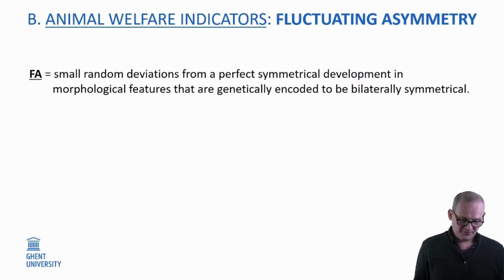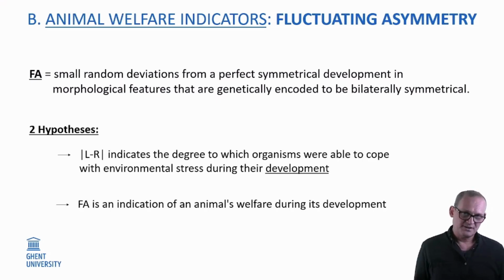And if that perfect symmetry is not achieved during the growth, so if the left-hand side of the body differs from the right-hand side, that could be a reflection of how well the animal was coping with stress during its development. And if that is correct, it seems logical that fluctuating asymmetry could be an indicator of the animal's welfare, at least during the stage when the body is growing, so during its development.